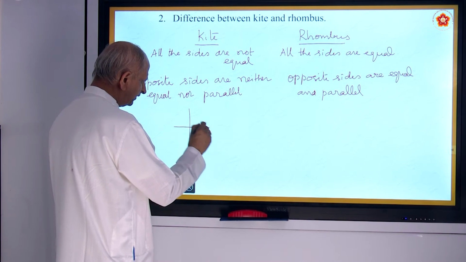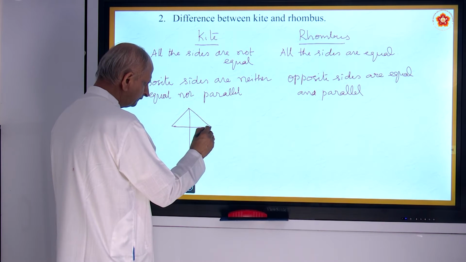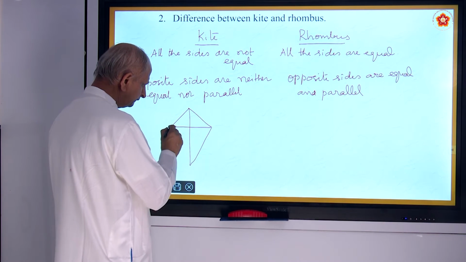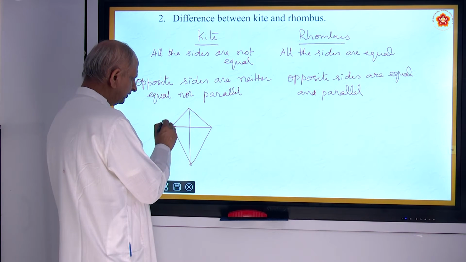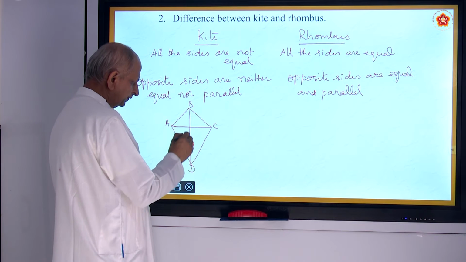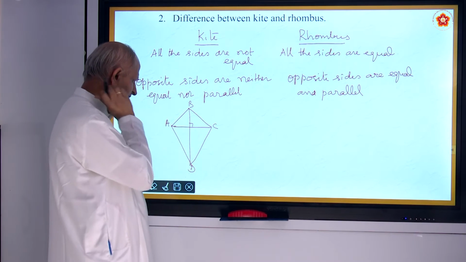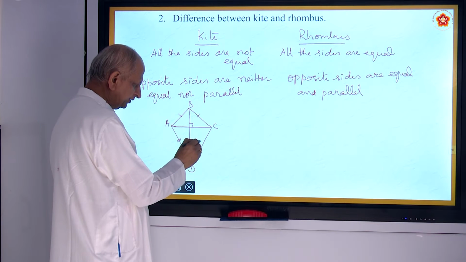Suppose you call ABCD a kite. Here this is 90 degrees and these adjacent sides are equal. That is what is called a kite.